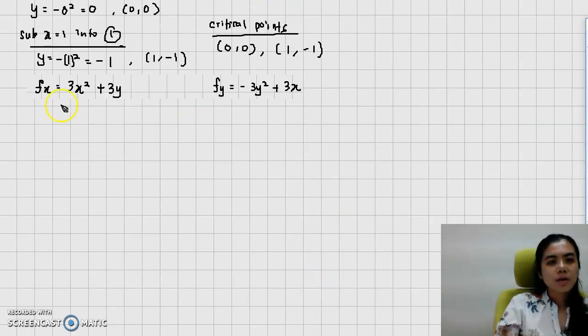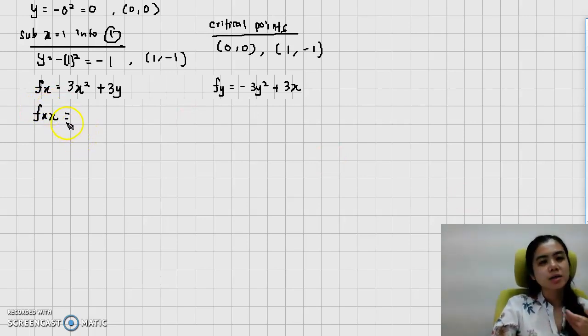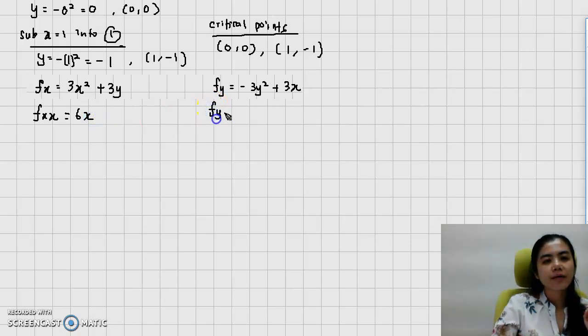Okay, so first of all, let's just find fx first. You're going to treat y as constant, so you will have 6x. Then in here you have to find fyy. Treat x as constant, and you have minus 6y.